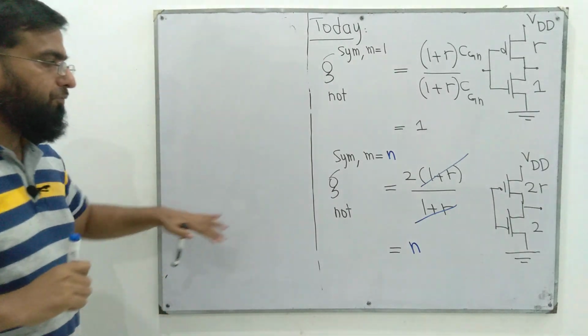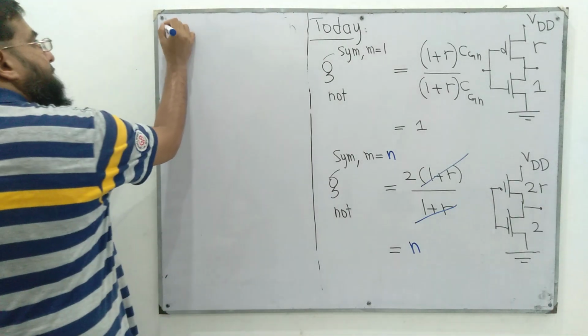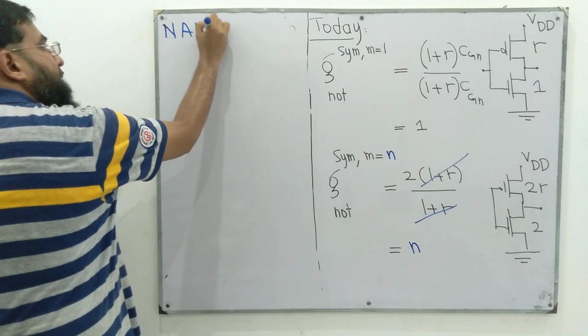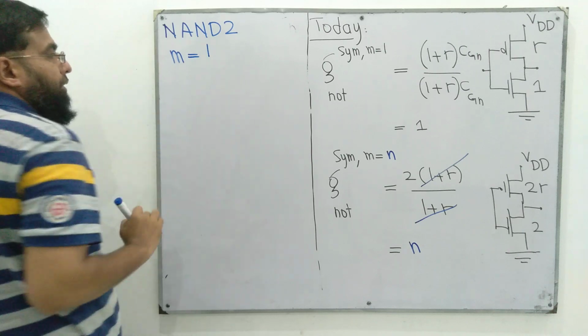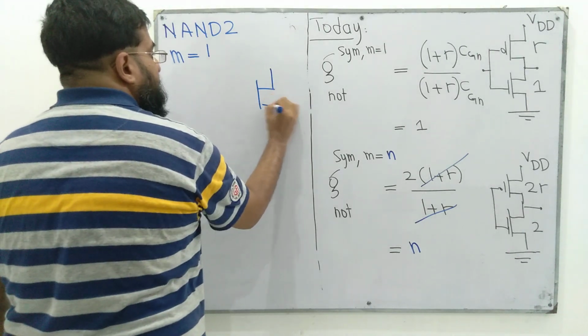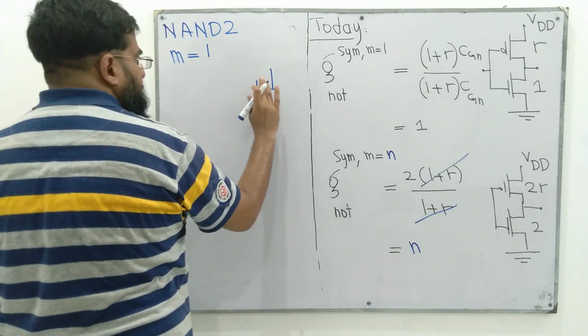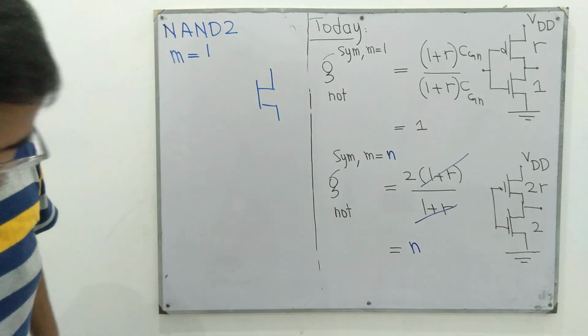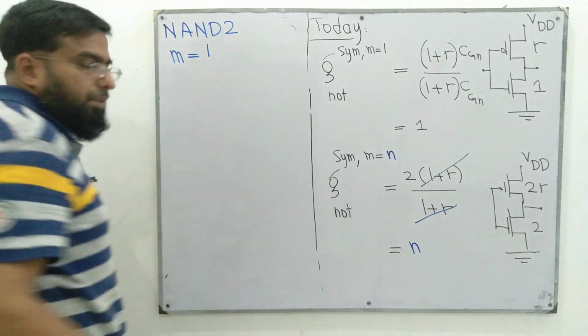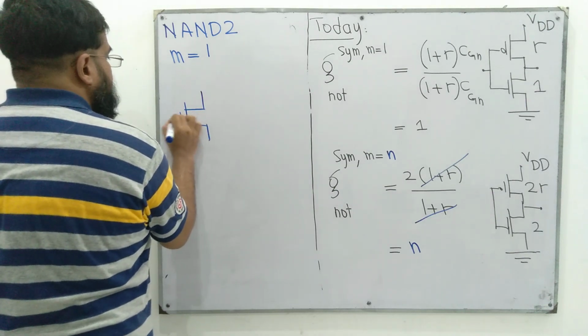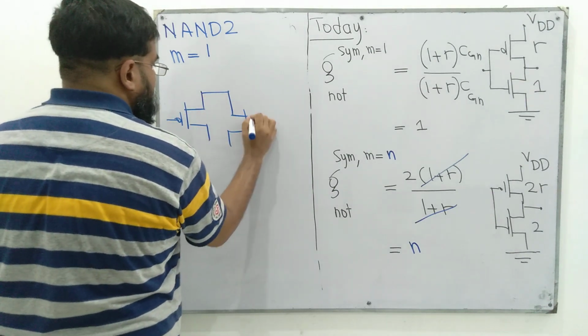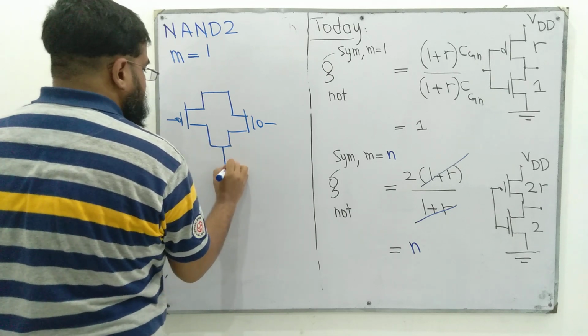And let's take a step further to find the logical effort of a NAND 2 gate with M equal to 1. The CMOS schematic for a NAND 2 is drawn like this.